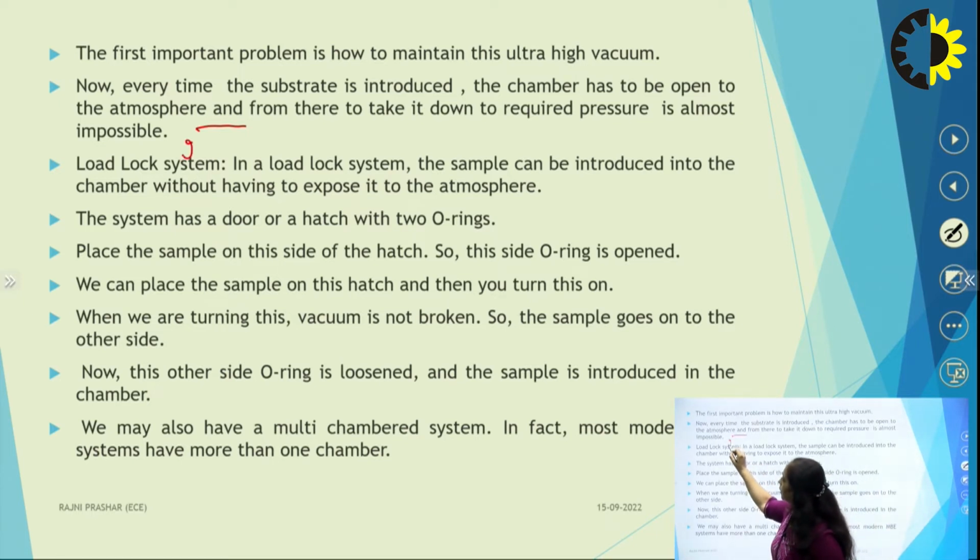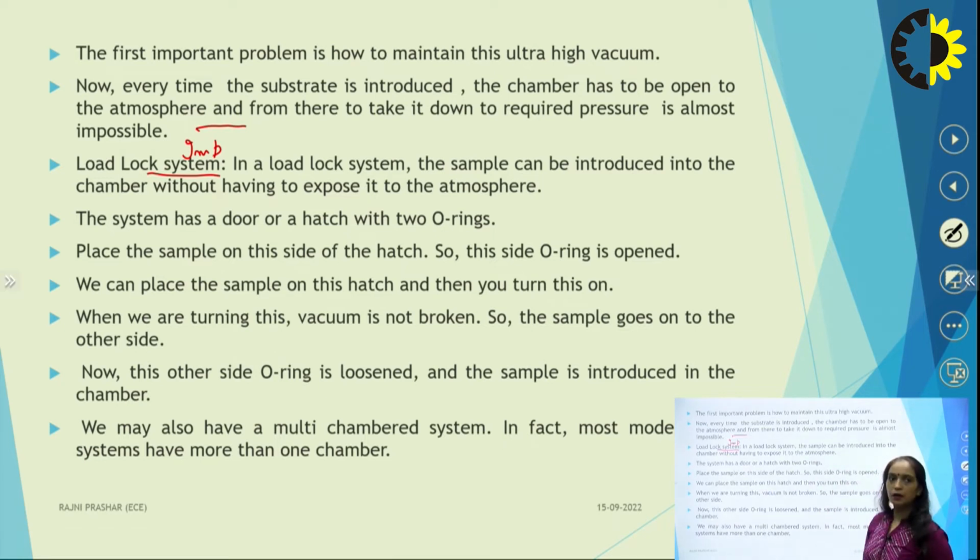So another important system, the load lock system, is used in the molecular beam system. In this system, suppose we have one door or a latch with two O-rings. Once you place the sample inside the chamber, it will be placed in an O-ring.